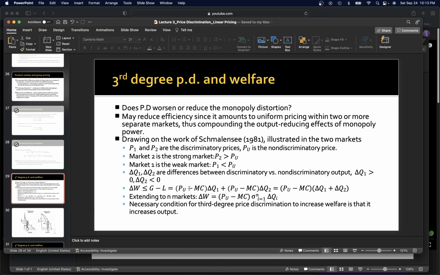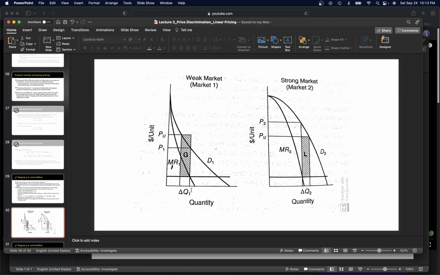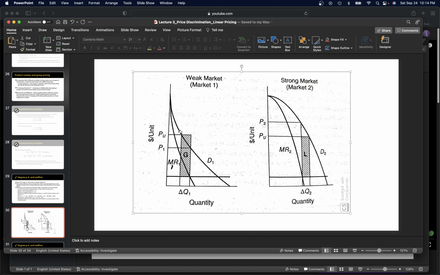This area is just this gap, which is the change in q1, and this gap, the change in q2, multiplied by pu minus mc. The heights of the rectangles are the same because pu is uniform, and mc is assumed to be equal in both. Well, it's not assumed; because of maximization, it will be equal.